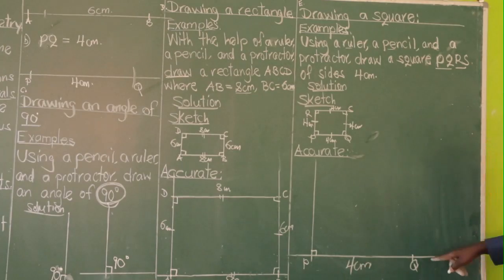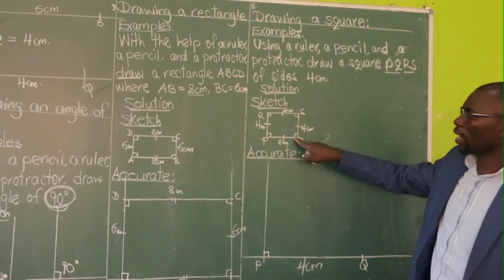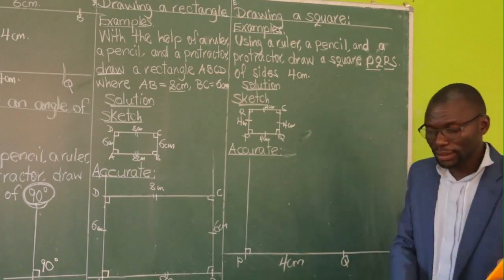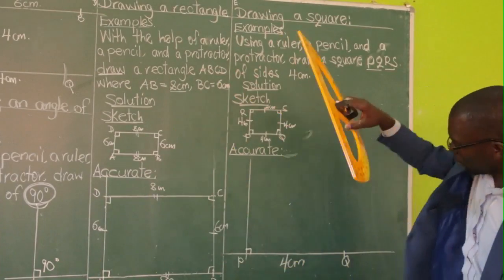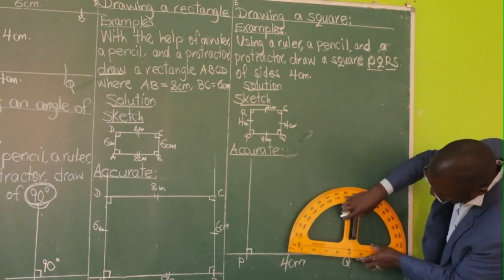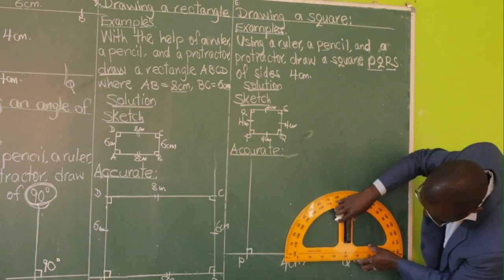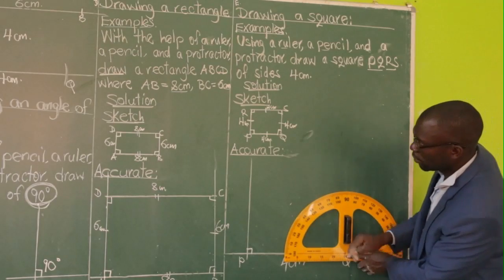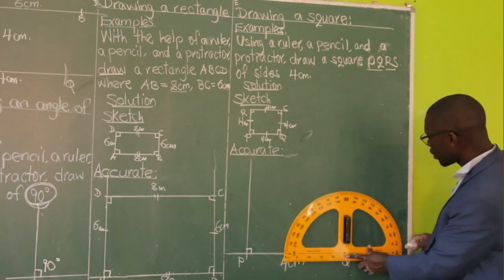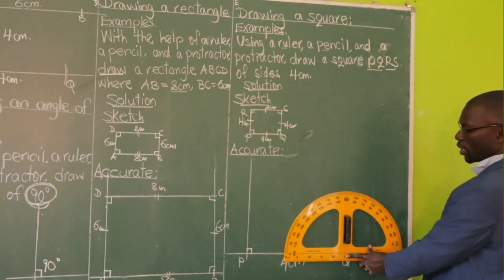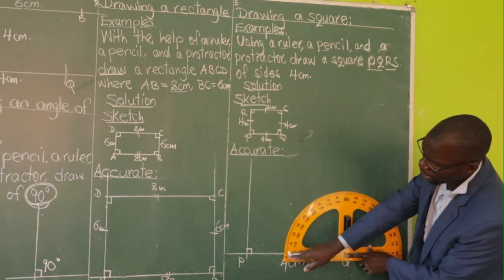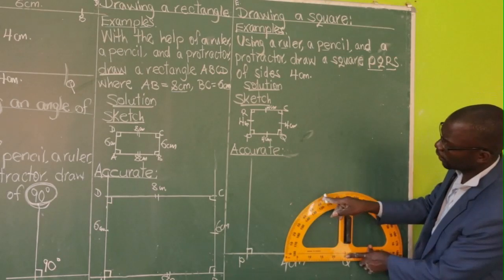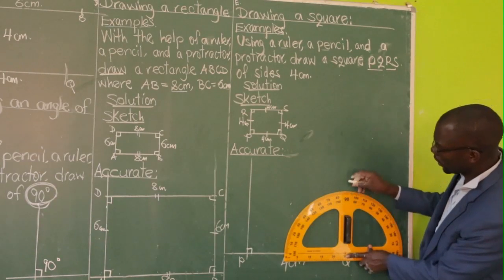And now, at that point Q, when you look at our square, we should put that angle of 90 degrees. Remember to get a protractor and put it properly and make sure you count off 90 degrees from your left because it's inside here. Don't count from the outside one again. Count from here: 0, 10, 20, 30, 40, 50, 60, 70, 80, 90.